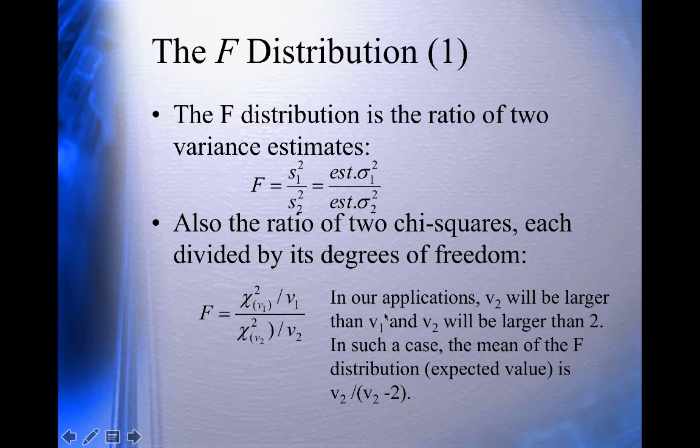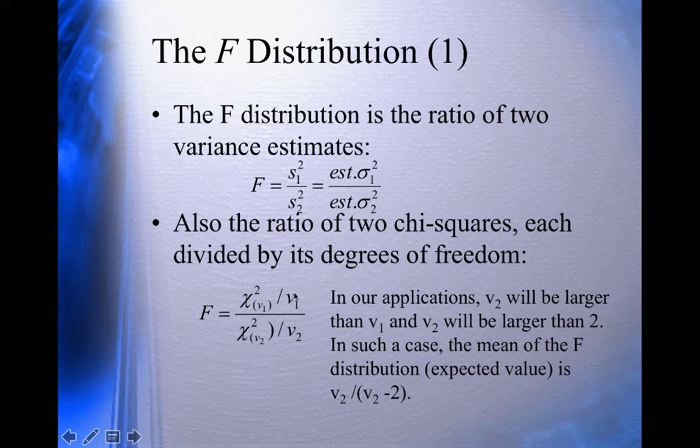In our applications, V2 here on the bottom is going to be larger than V1. So this is going to be the degrees of freedom within an analysis of variance, or the number of people minus 1 or 2 or 3 in regression models. And V1 is going to be for the model, so the number of cells or the number of independent variables.